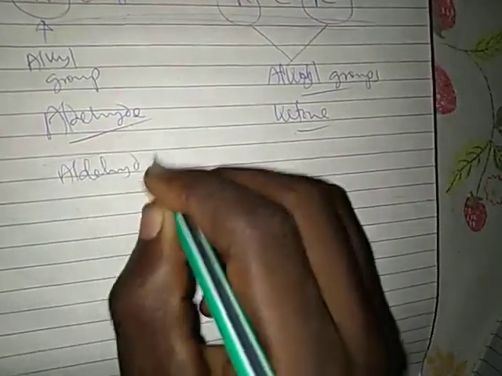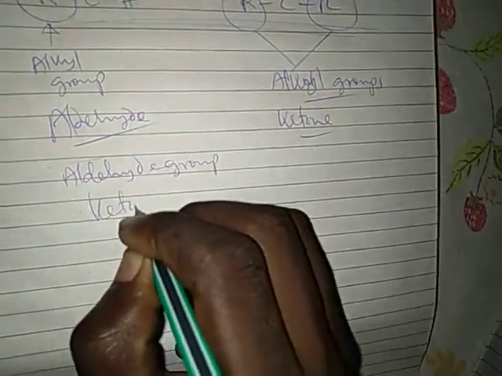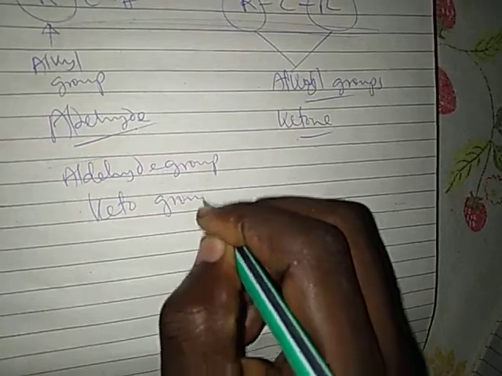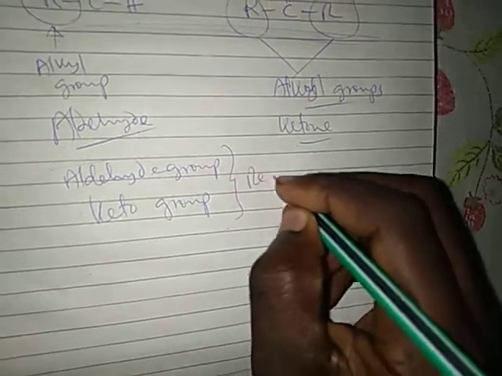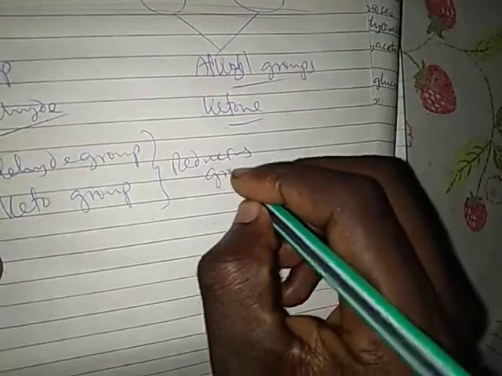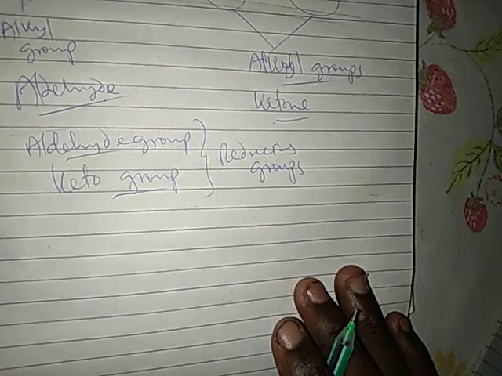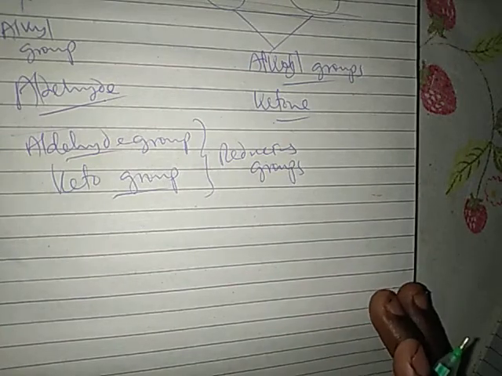So monosaccharides have aldehyde and keto groups as reducing groups.